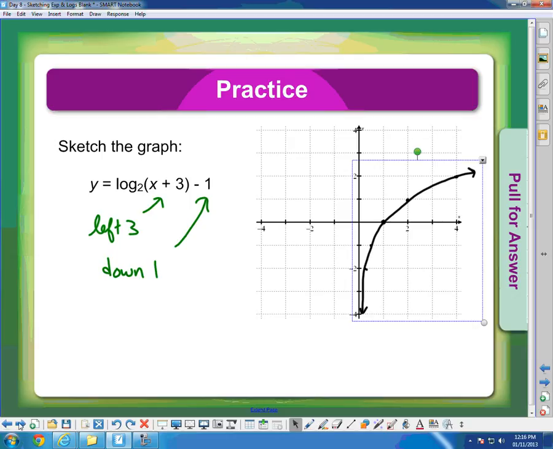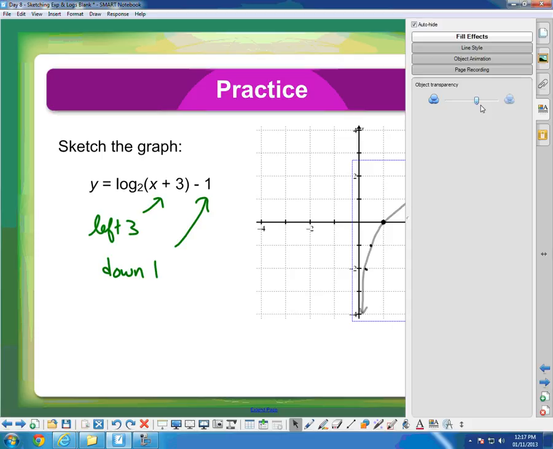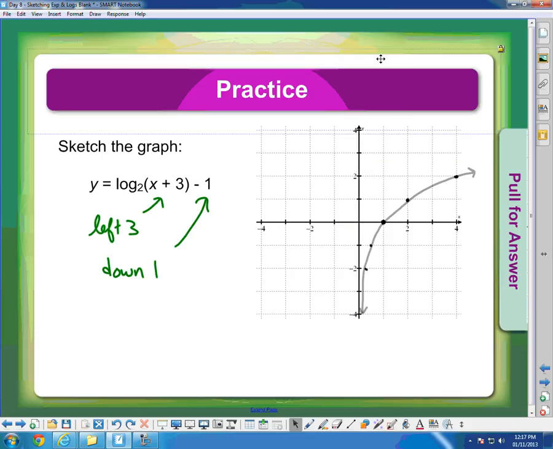Sketch that lightly. And that whole thing has to move left 3 and down 1. To help me, I'm going to move my asymptote. So there's my original asymptote. It's going to move left 3. So 1, 2, 3. That's going to be a good reference point.